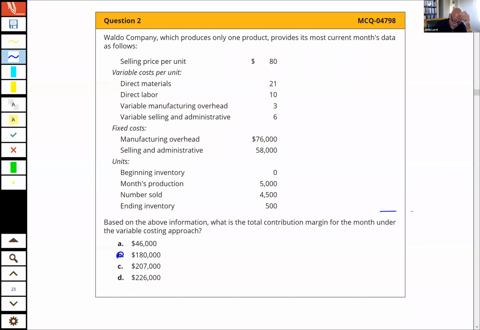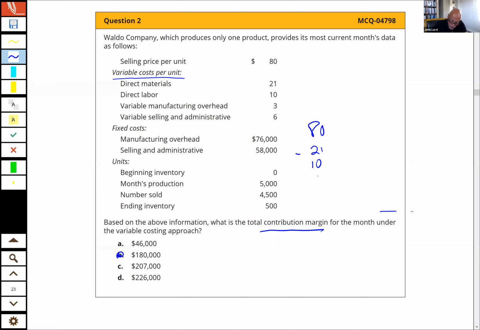Okay, and they asked me here, total contribution margin. Contribution margin is what? Sales price minus variable cost. That's it. So we take 80 minus all the variable costs, and they listed them for us. Direct materials, direct labor, right?